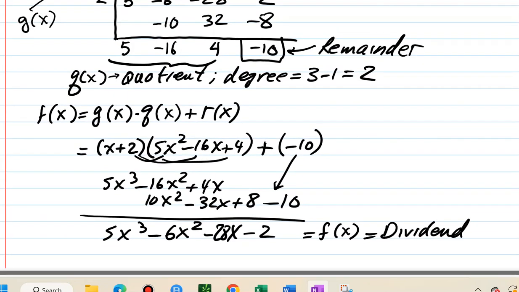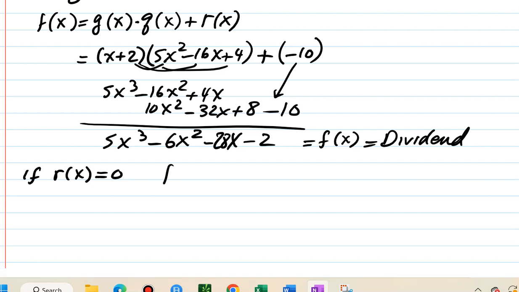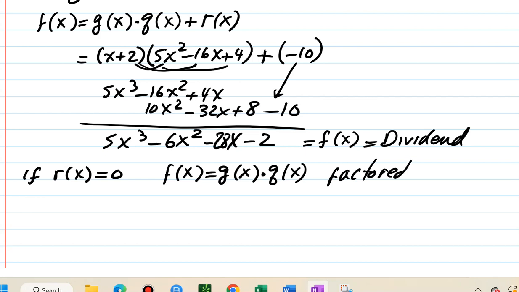Now, by the way, if the remainder is 0, if r of x is 0, then f of x is simply a divisor times a quotient. And notice, this would now be in a factored form. Isn't that cool? That is factored because we are able to write a sum of terms as a product of polynomials.